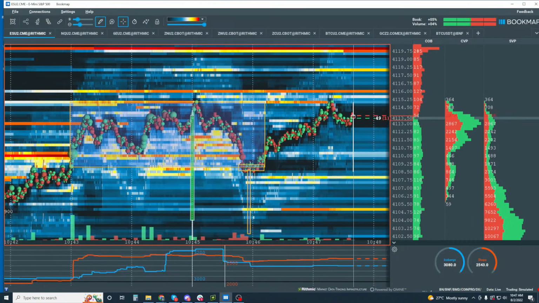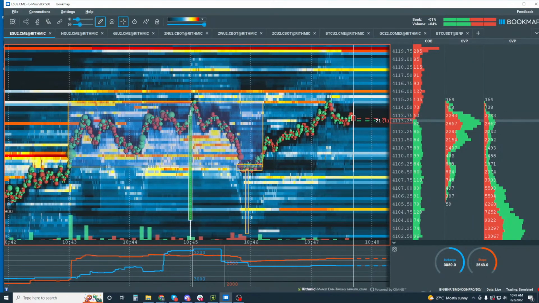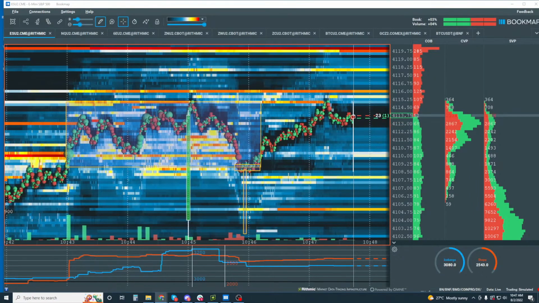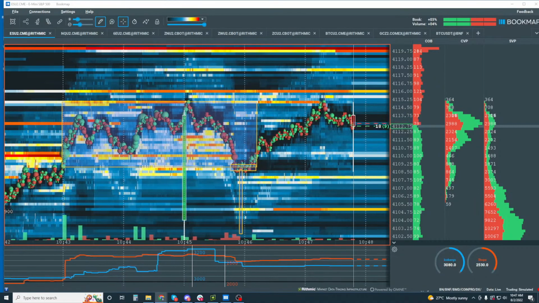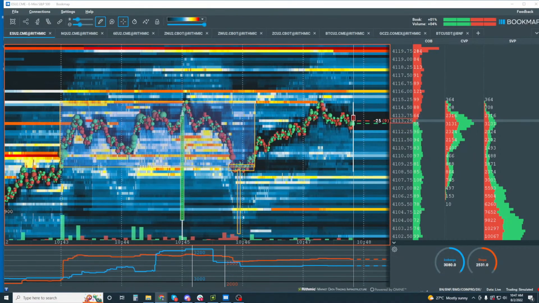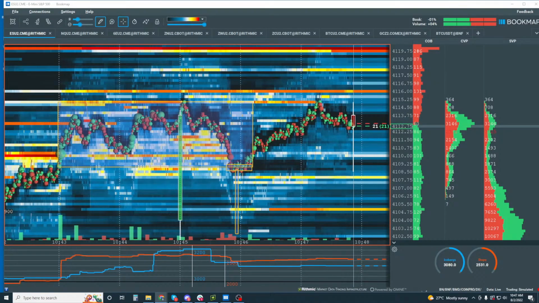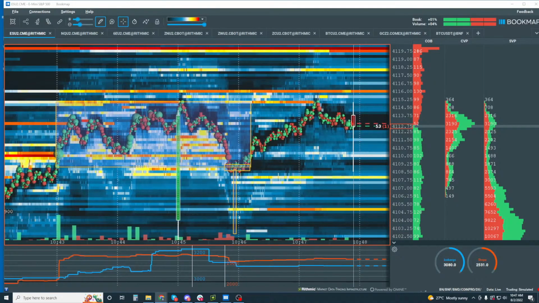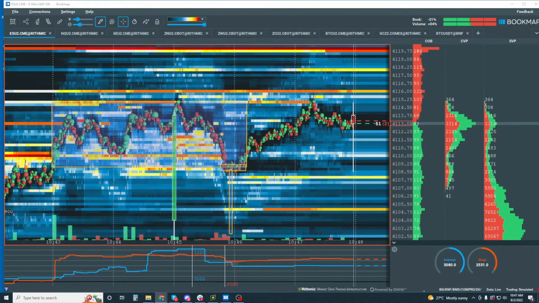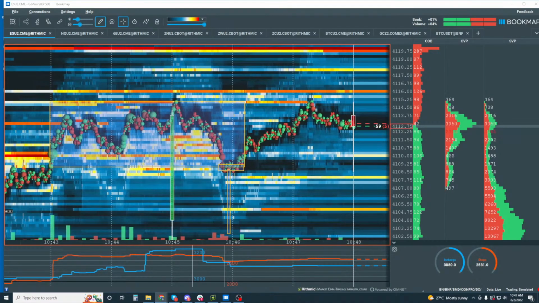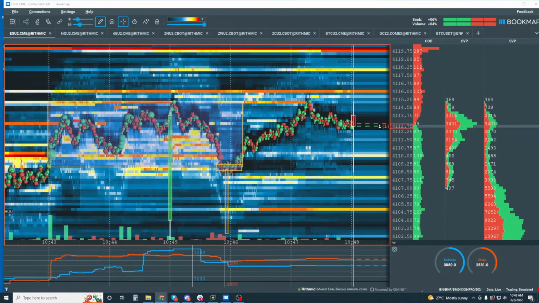Let's see here. Yeah, large buying tail forming on the hourly chart. Yep, nice.